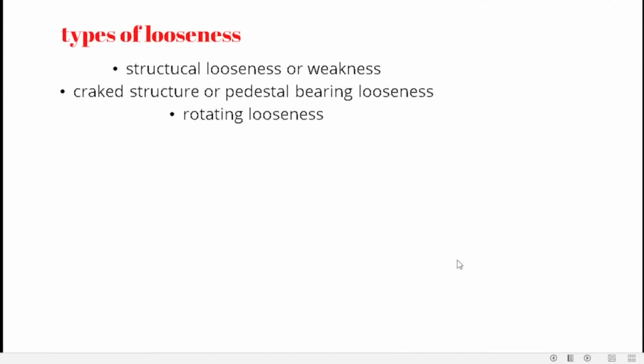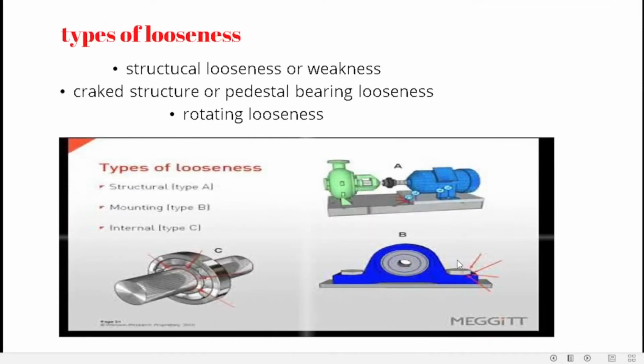So we have three types of looseness. First, A, is structural looseness or weakness, which we see in this pump. The second, B, is a cracked structure or bearing looseness, which we see in picture B. The third one is rotating looseness.